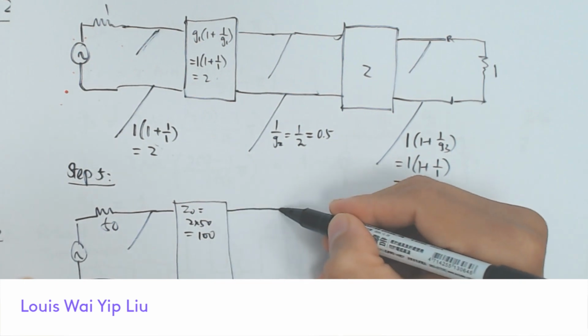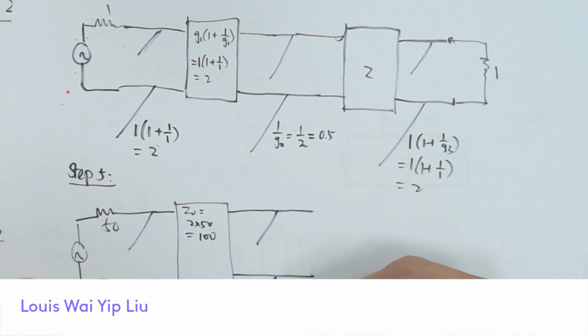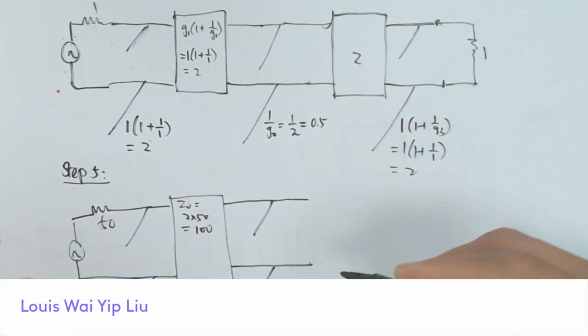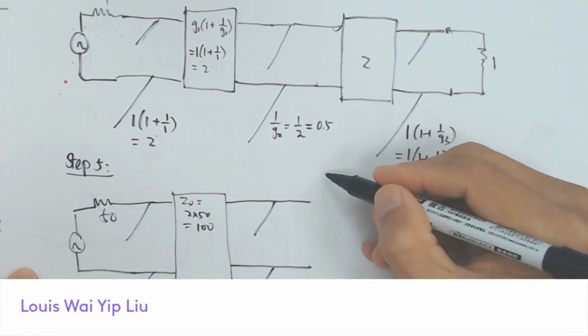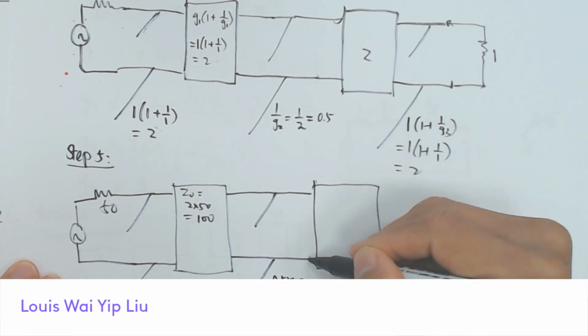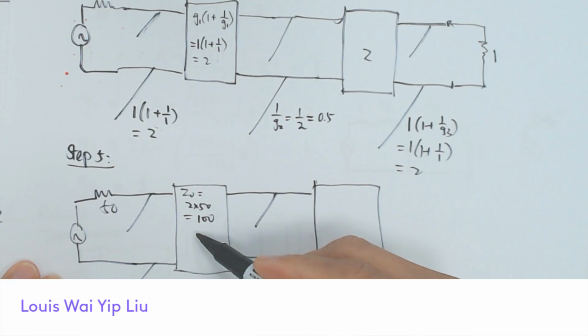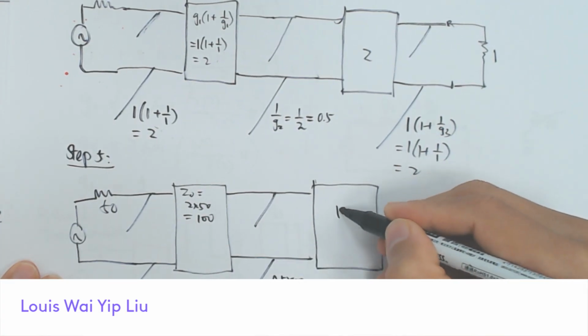And this one here is 0.5 times 50, which is 25. And this one here will be the exact same copy of this one, 100.